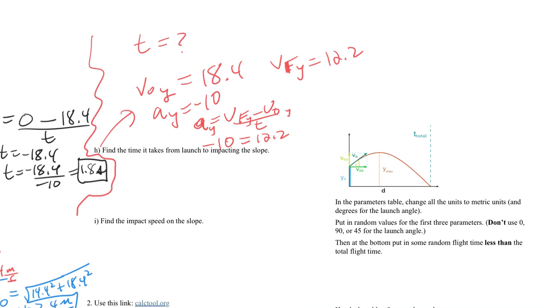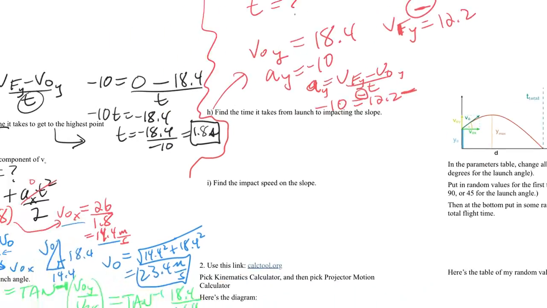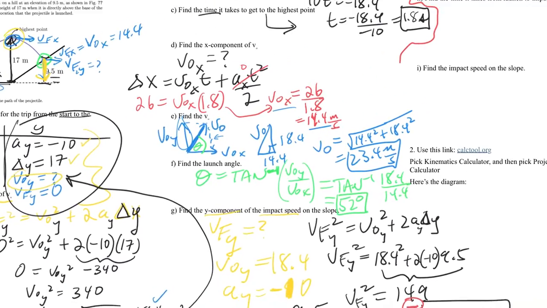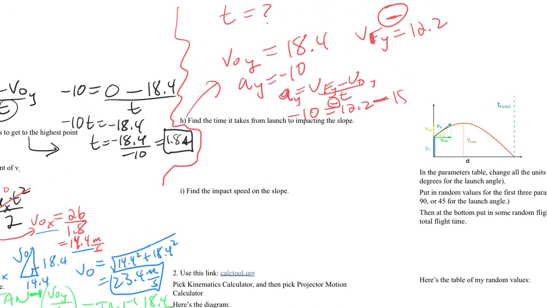So negative 12.2 minus the original speed, VOY, 18.4, divided by T. So T comes out to be negative 30.6 over negative 10, which is negative 3.1 seconds.